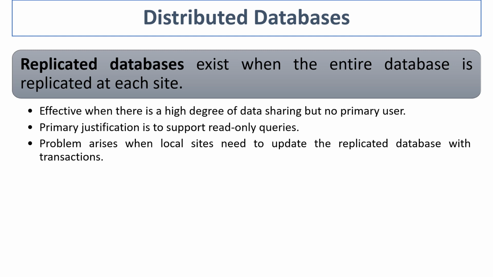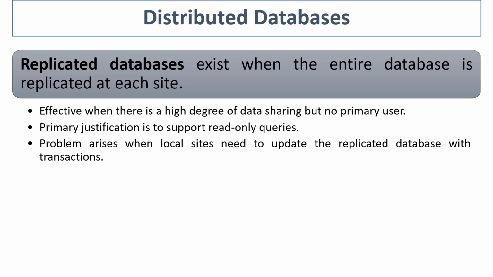Okay. One of the issues also related to the distributed database is the replicated database. Replicated databases exist when the entire database is replicated at each site. It is effective when there is a high degree of data sharing but no primary user.